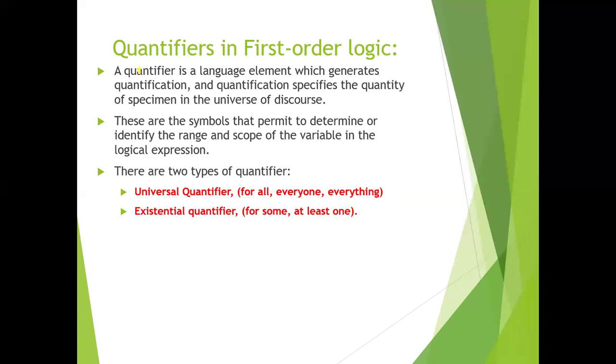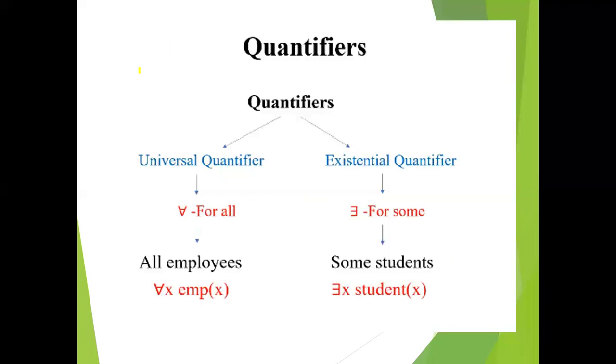With the existential quantifier, we consider only a small amount, some, a few. In those cases, we use existential quantifiers. For representing the universal one, we use the symbol for all, and for the existential we use the inverted E.